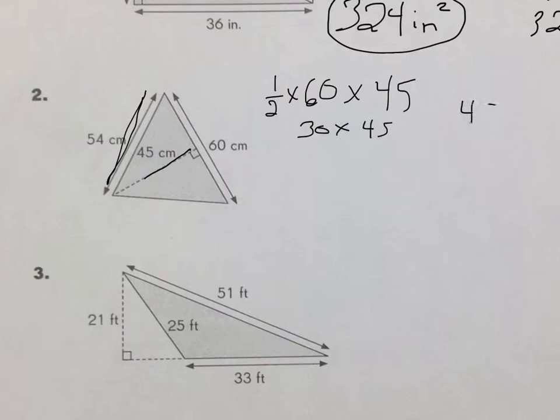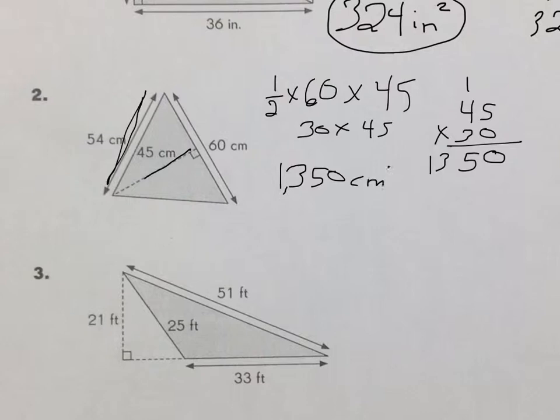So then I'll set that up right here. 30 times, I see I have a 0 there, so I'm just going to put my 0 down here for the next level. 3 times 5 is 15. 3 times 4 is 12, plus 1 is 13. So it's 1,350 centimeters squared.